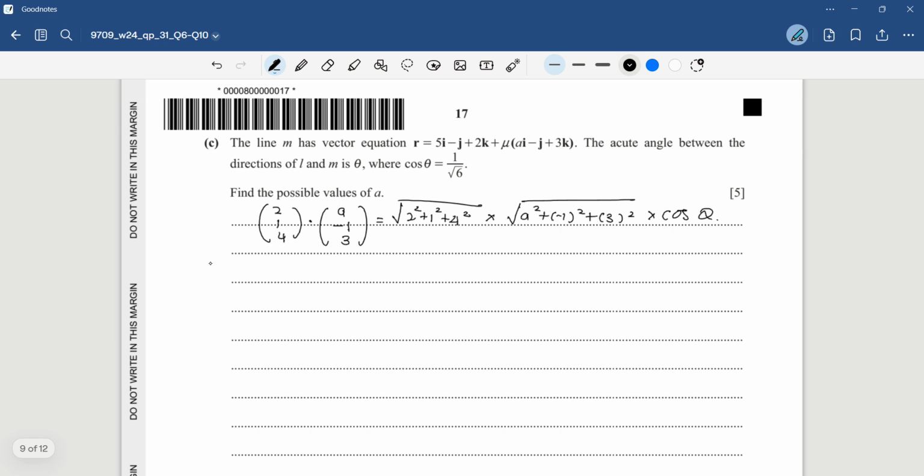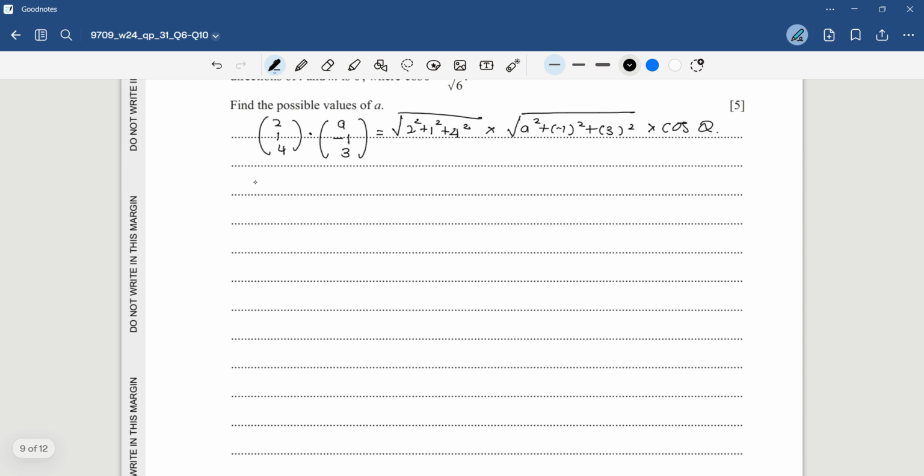So 2a + (−1) + 12, that is 2 times a, 1 times −1, 4 times 3. And right here is equivalent to the square root of, this one I got 2² + 1² + 4² is 21, multiplied by the square root of (a² + 10), times cos theta.